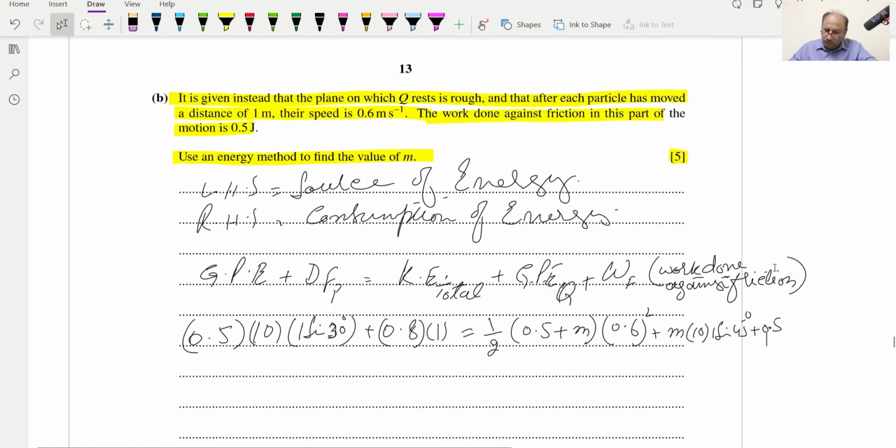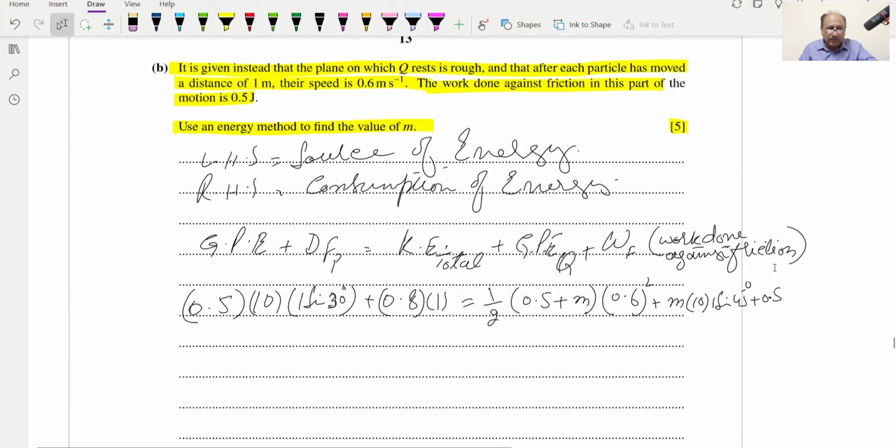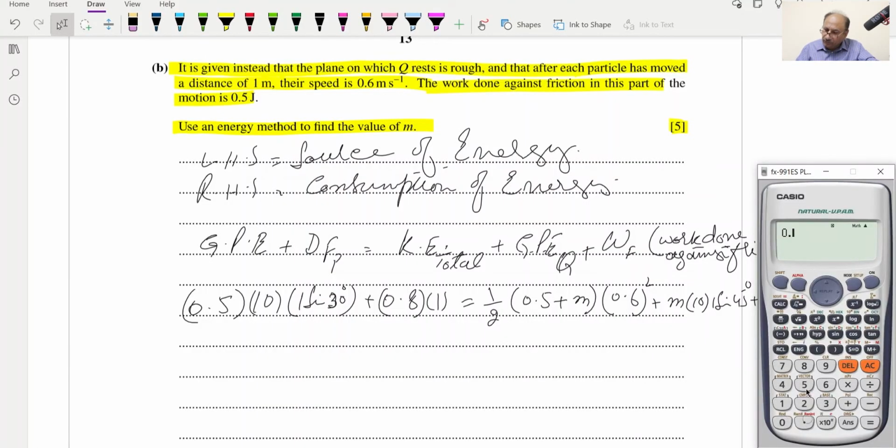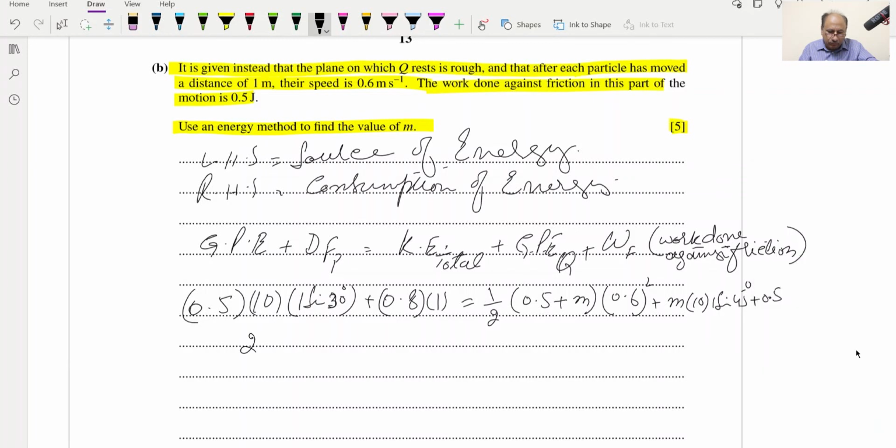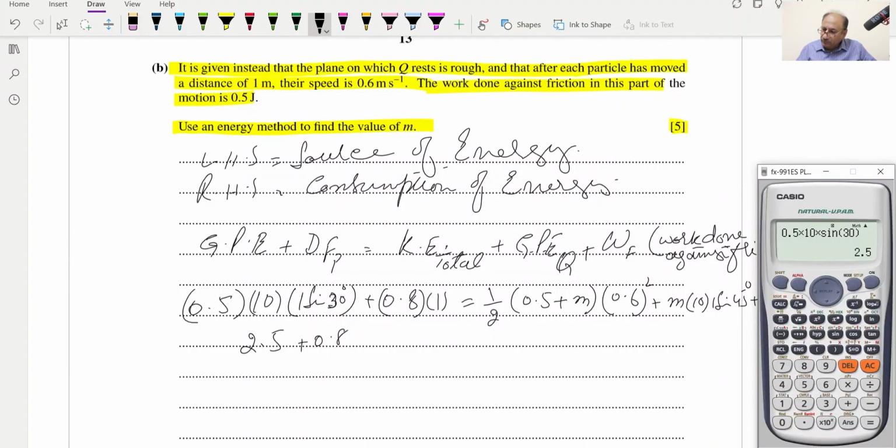Now we will resolve this equation. 0.5 into 10 into sine of 30 degrees is equal to 2.5, plus 0.8, and 2.5 plus 0.8 is equal to 3.3.